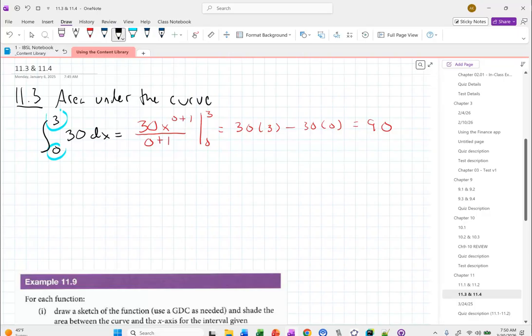But there's a geometric interpretation for what we've just done there. So if I think about this, here's like an XY axis. Here's like the line y equals 30. Here's like x equals 0, and here's like x equals 3.